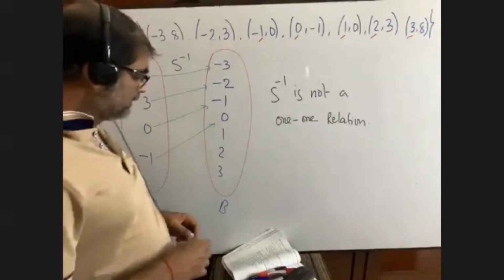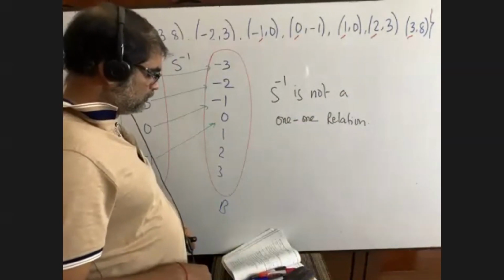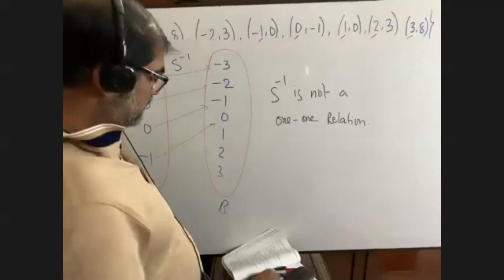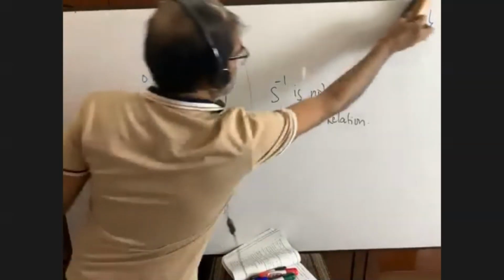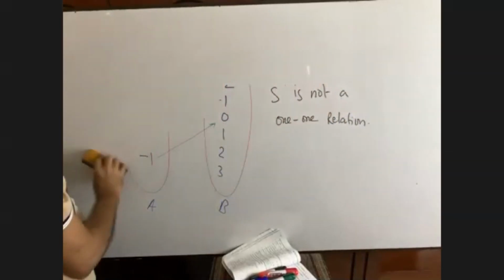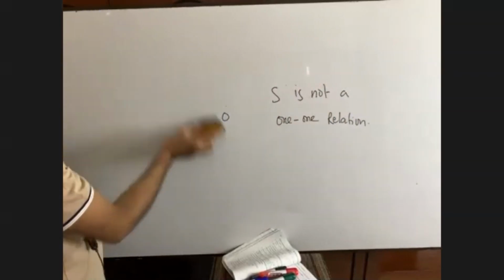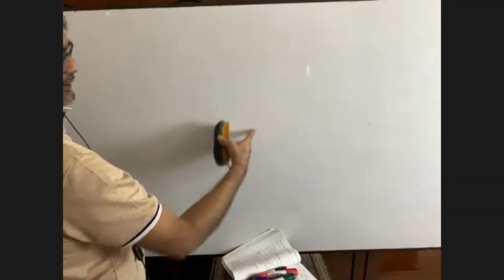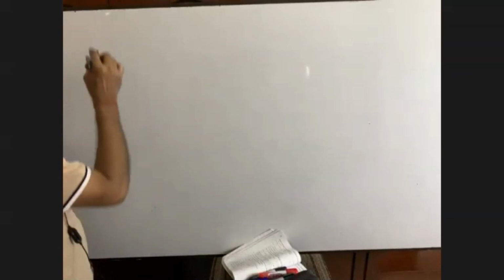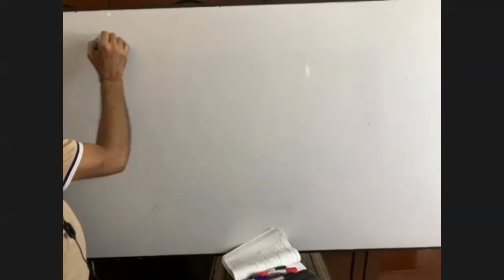Now all of you are required to do question number 5. You do it by yourself now. I want to see who can do it. Oh, sorry, it was S inverse at last. Okay, now question number 5.